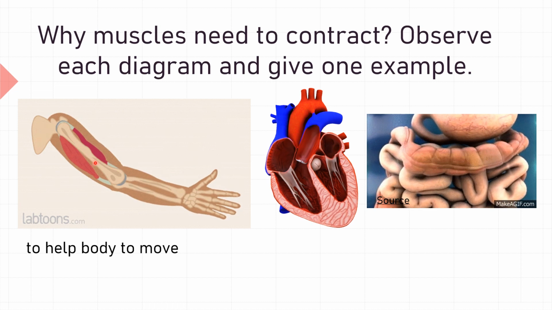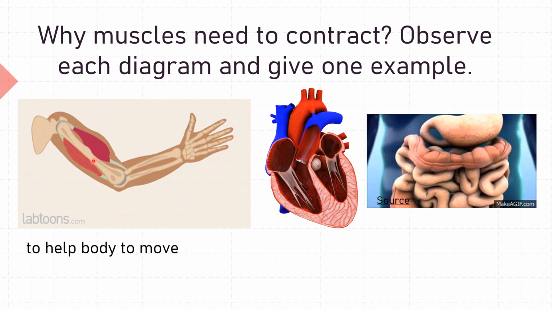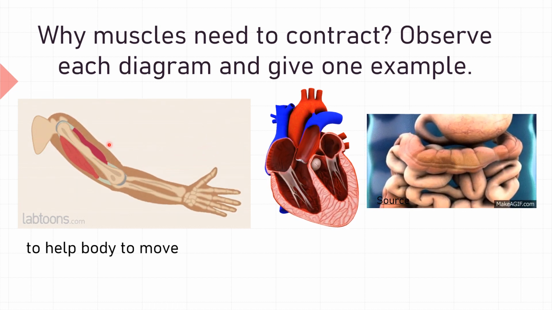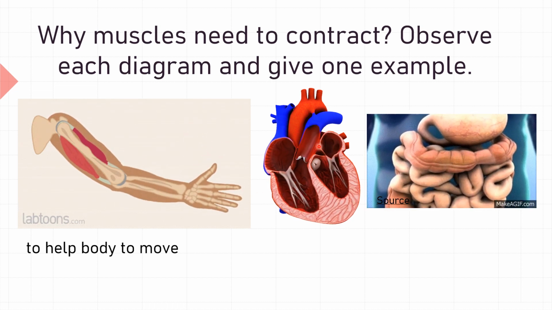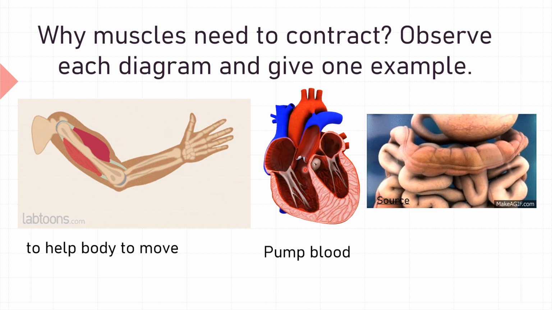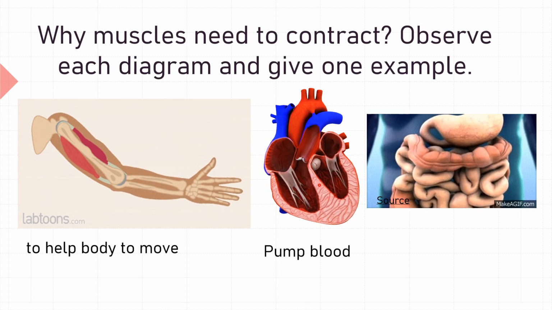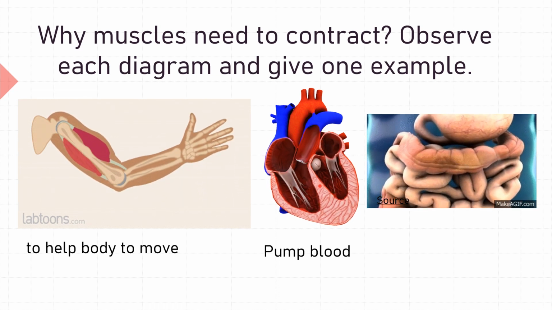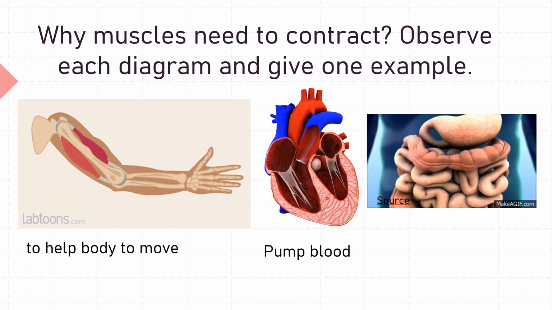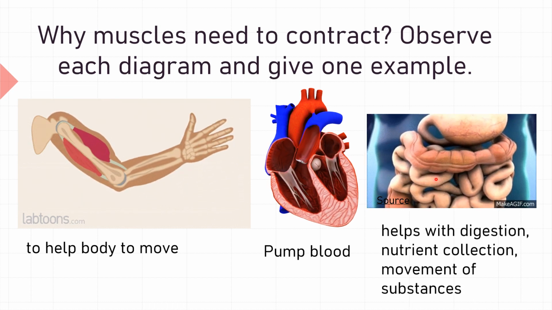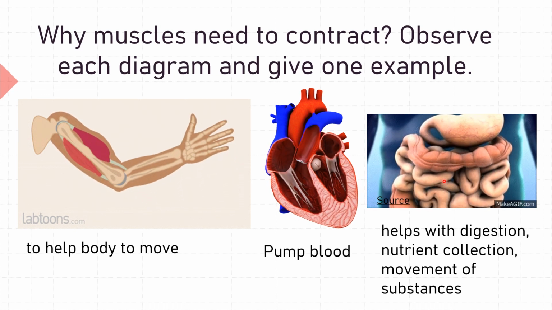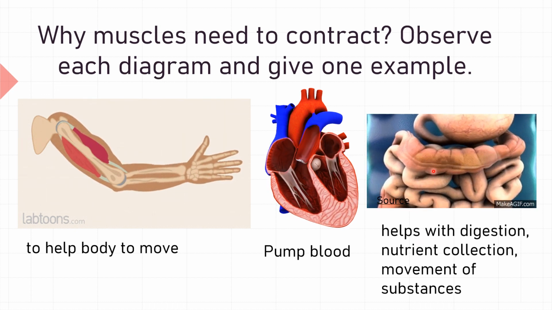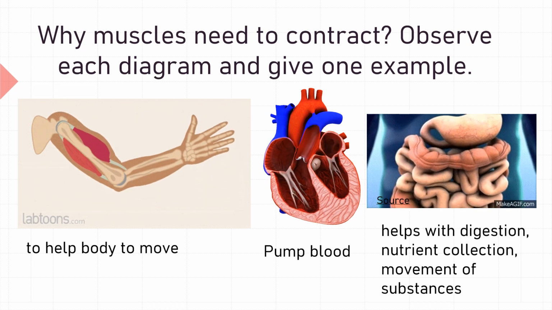The skeletal muscle is attached to the skeleton, and this contraction and relaxation helps the human body to move. The cardiac or heart muscle pumps blood. In this way, it helps to transport different kinds of substances inside of the body. And this one, in the intestines or digestive system, helps with digestion and, of course, the collection of different nutrients and the movement of substances.